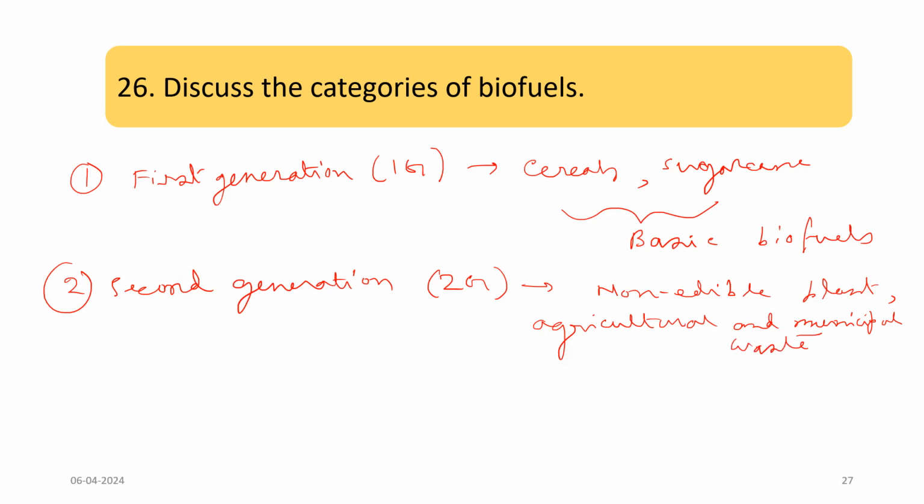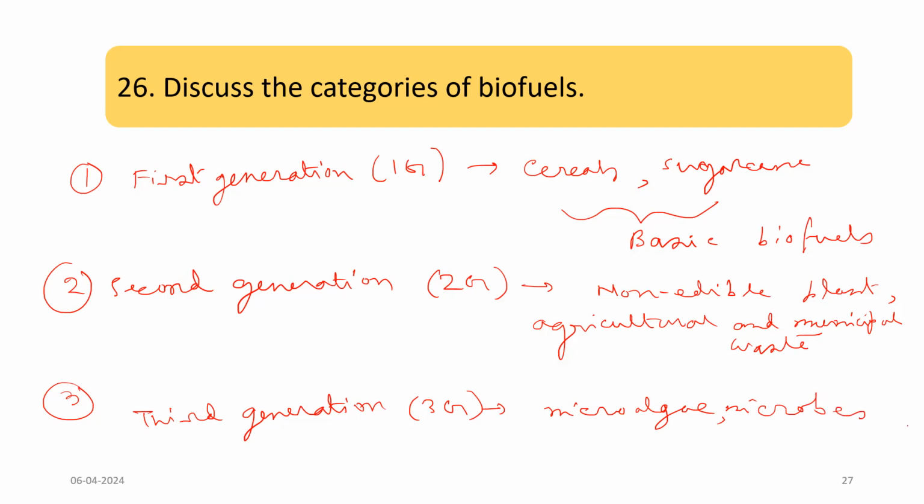And the third one is the third generation, that is 3G, and it uses microalgae and microbes as the raw material. So these 2 and 3 are the advanced biofuels.